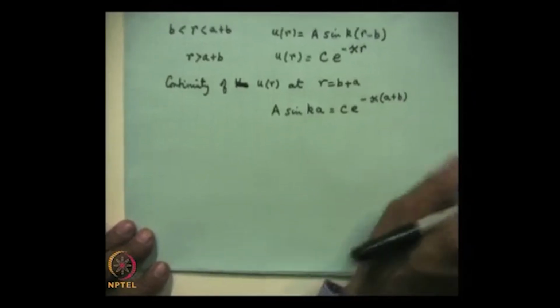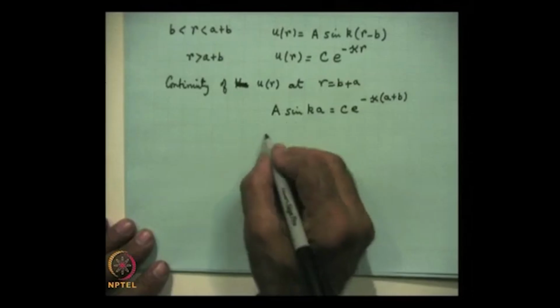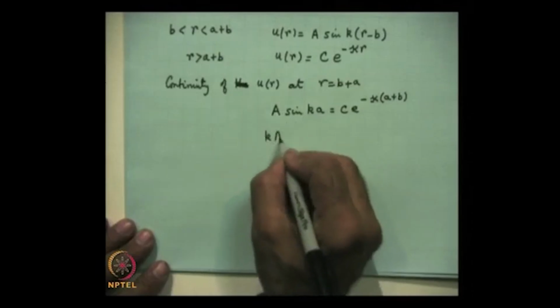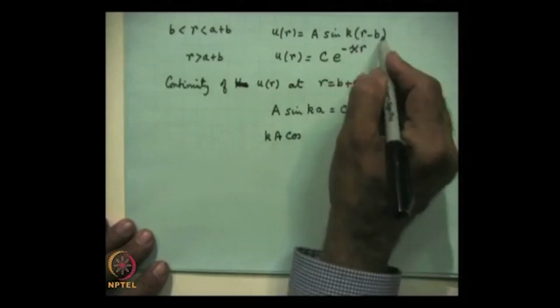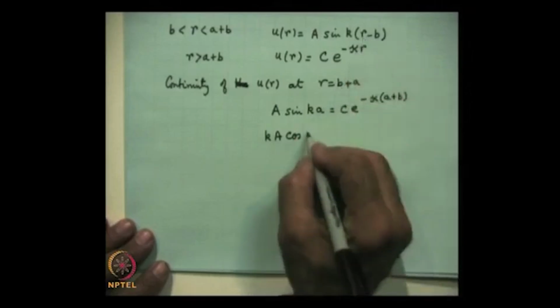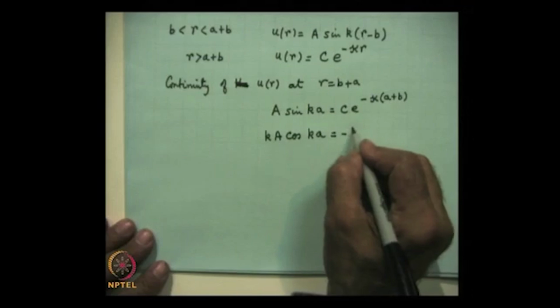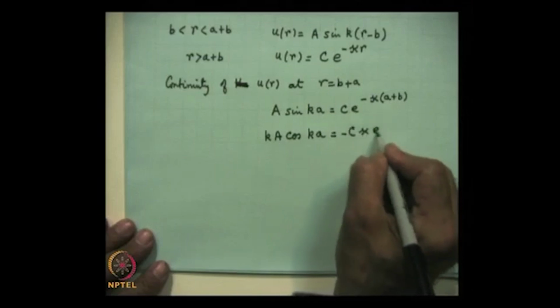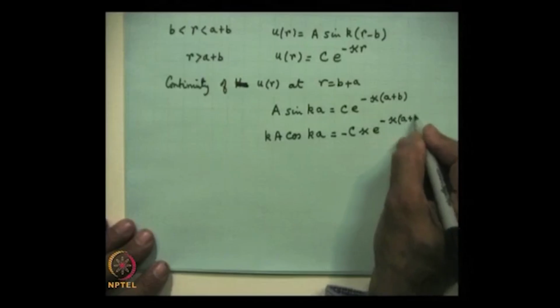Similarly, if I take the continuity of the derivative u prime of r, this will be k A cos k a is equal to minus c kappa e to the power of minus kappa (a plus b).